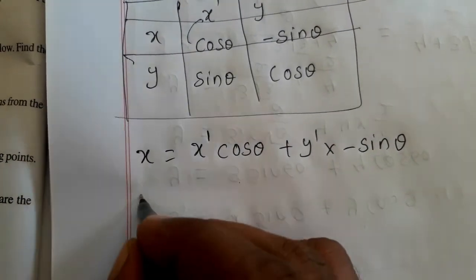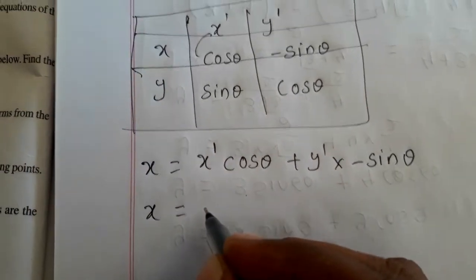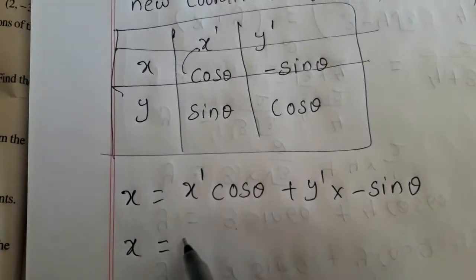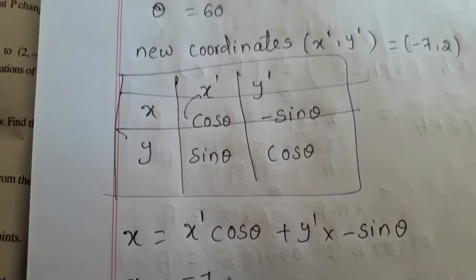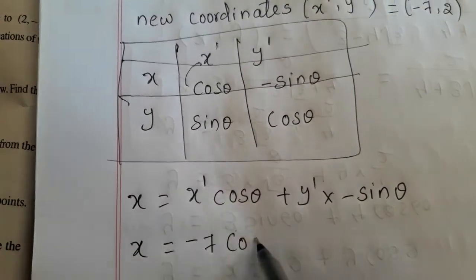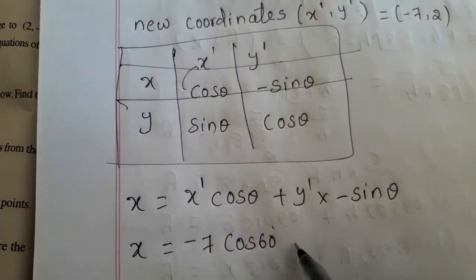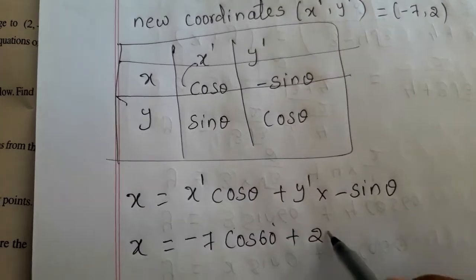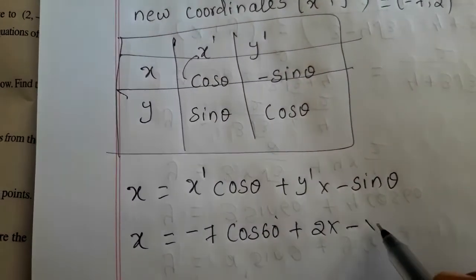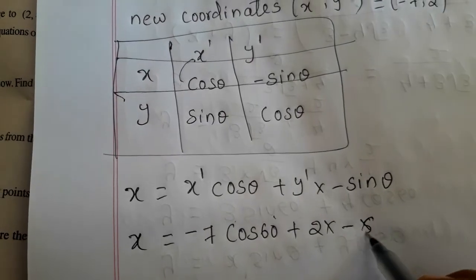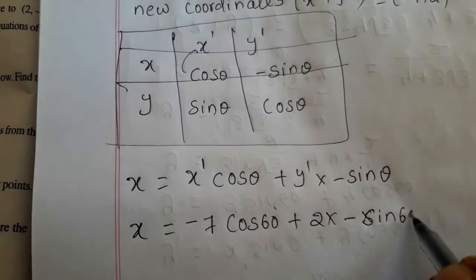So I will find out this x value first. X dash how much given? Minus 7. Theta is 60 degree. Y dash is 2 into minus sin 60 degree.